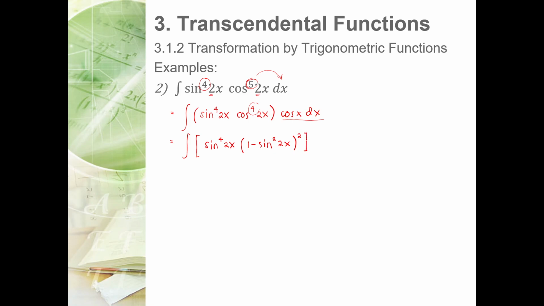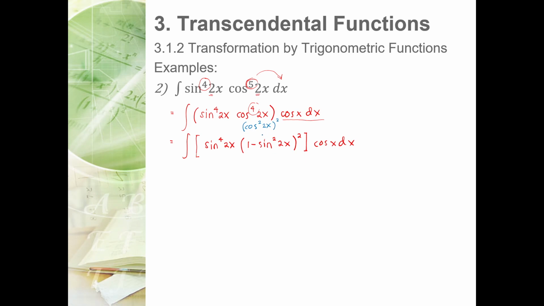If we try to bring it back to the cosine 2x function, so cosine x dx. So again, for you to be able to distinguish, let's try to write it in another color. So this becomes cosine squared 2x and then squared.